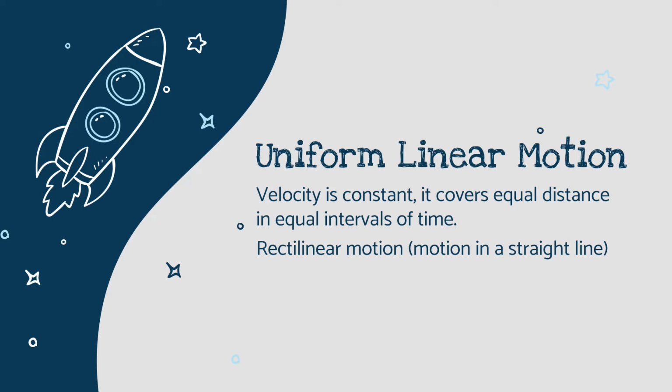Because the movement is in one dimension only, we can assume that the velocity is equal to the speed, because the distance and the displacement will be the same. And because the velocity or speed is constant, we can say that the acceleration, or percepatan in Indonesian, is zero.